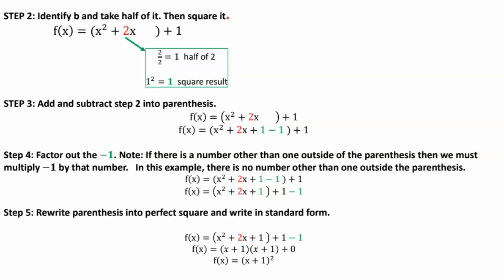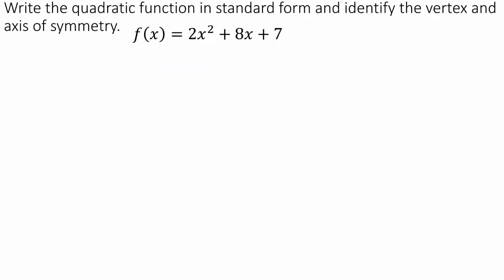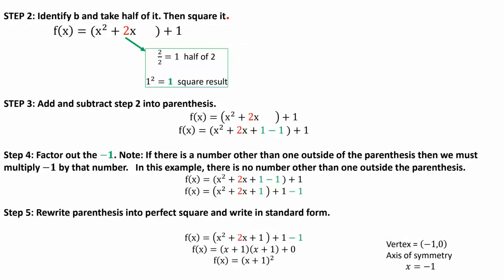Okay, so now we can see that our vertex is negative 1 and 0. Now, why is it a negative 1 if it says plus 1 on there?